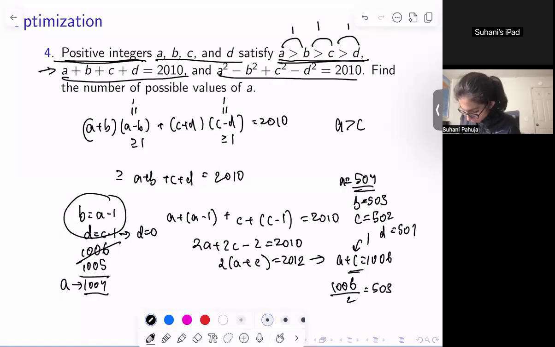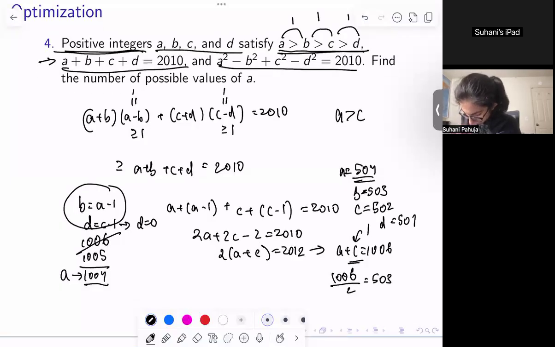So this indeed works. So the maximum value of a is 1004, and the minimum value of a is 504. So if you want to find the number of possible values, all values of a in between these two numbers work. So then we would get 1004 minus 504 plus 1, which would give you 500 plus 1, or 501.